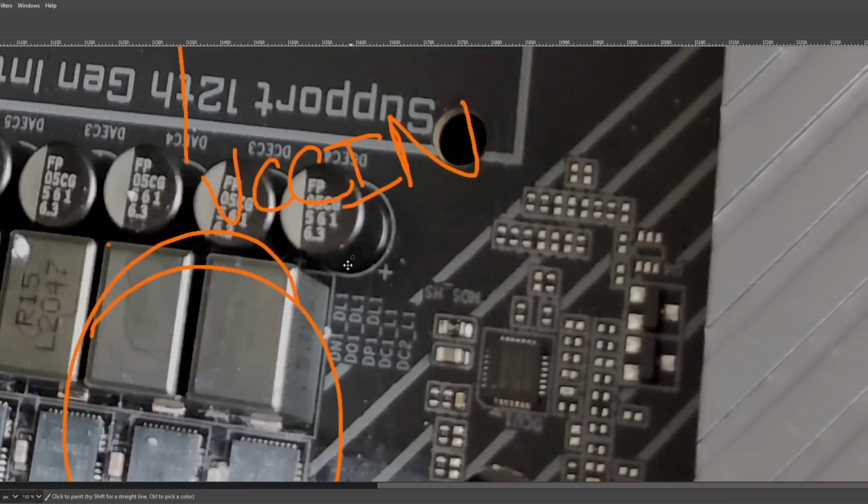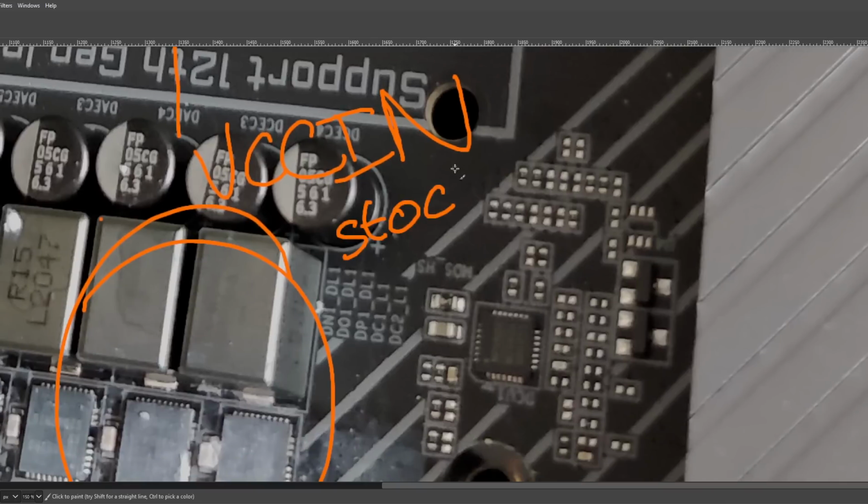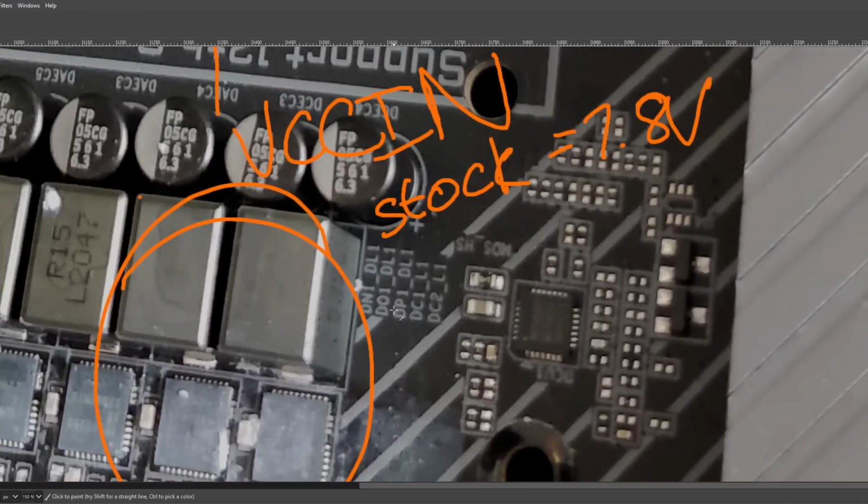By spec, the VCCN voltage is 1.8 volts, and we're going to say safe for long-term use, you can go up to, say, 2 volts.